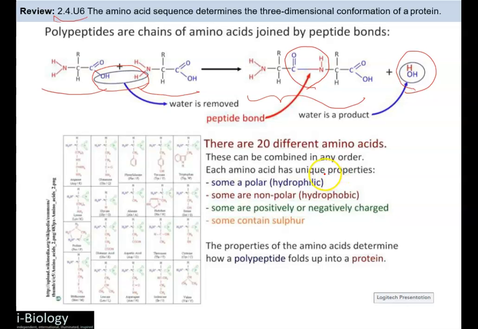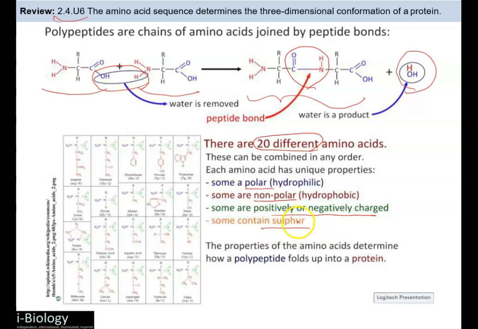So how many amino acids do we have? There are more than 20 actually, but mostly when we talk about the number of amino acids, this is an old version of the number. So we have 20 amino acids, and some of them are polar, some are non-polar, some are positively or negatively charged, and some contain sulfur.